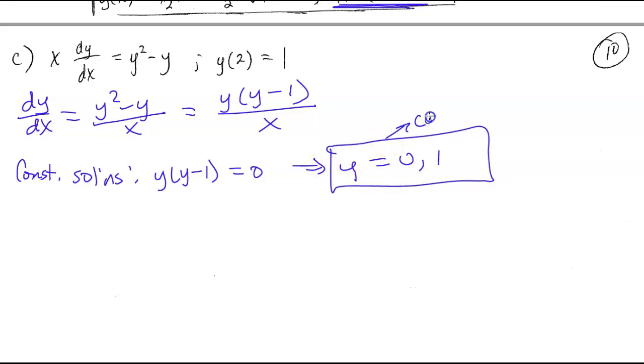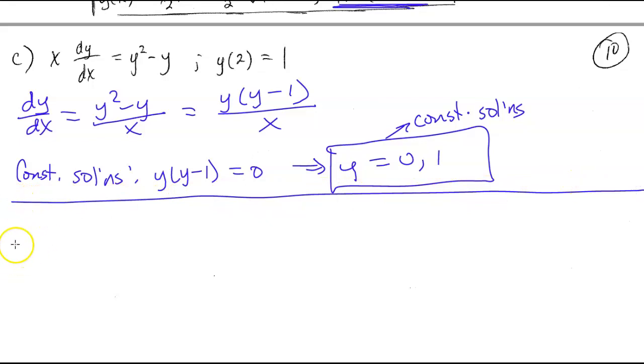So these would be our constant solutions here. So from that, we'll take what we have here and we'll rewrite everything so that we can solve for y.